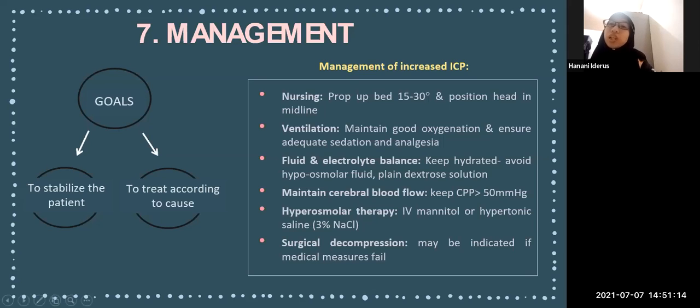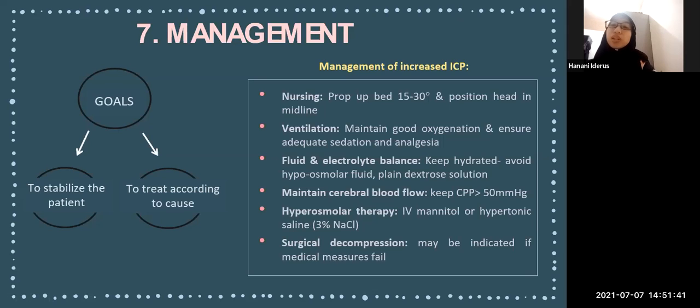For ventilation, we need to ensure good oxygenation, adequate sedation and also analgesia. For fluid and electrolyte balance, we need to keep the patient hydrated, but avoid hypo-osmolar fluids, for example dextrose solution. Why? Because this solution will further increase the ICP level and exacerbate the patient's condition.